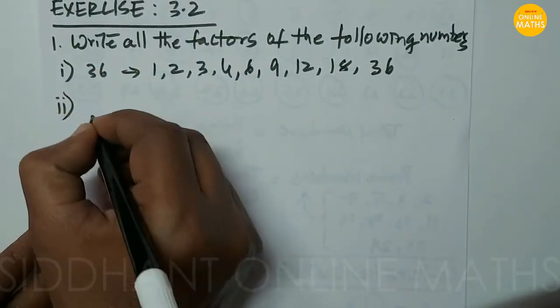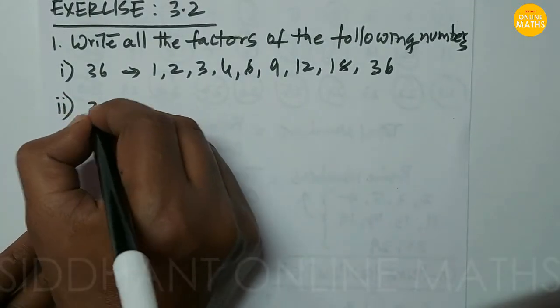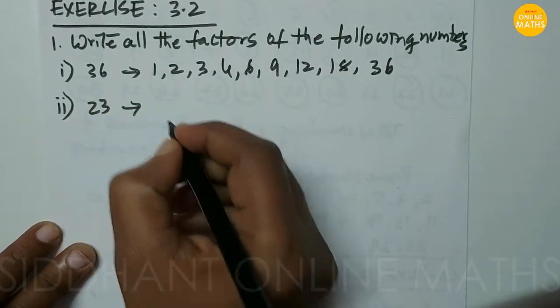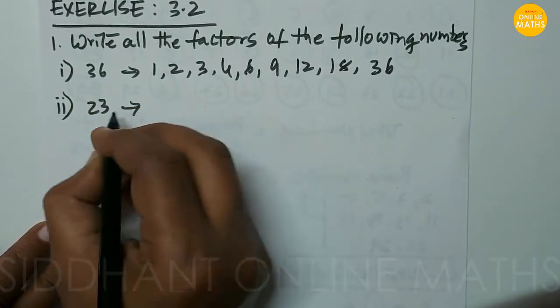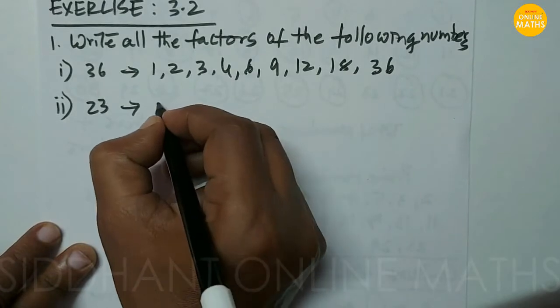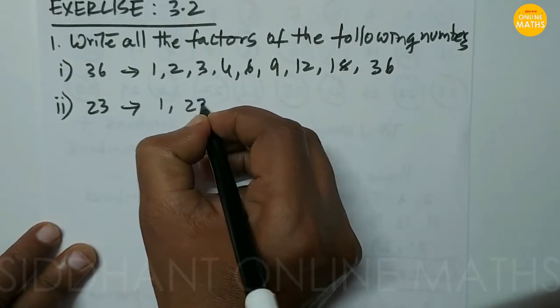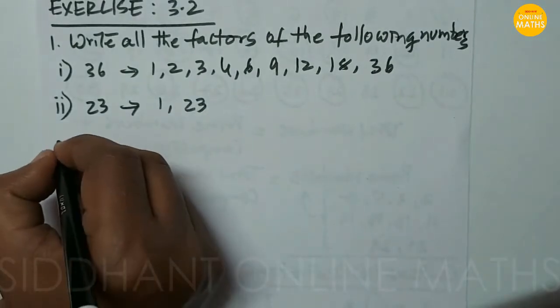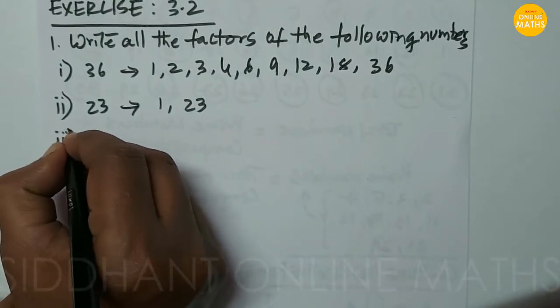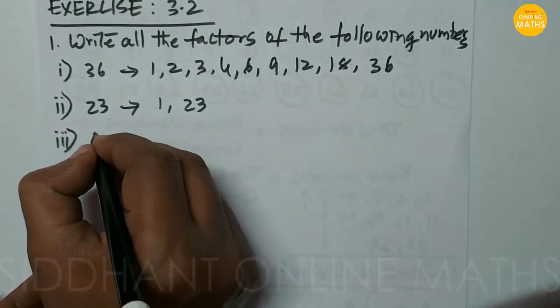Next we go for the other number, that is 23. 23 is a prime number, so we will have only two factors, that is 1 and the number itself, 23. Next we go for the third number, that is 96.